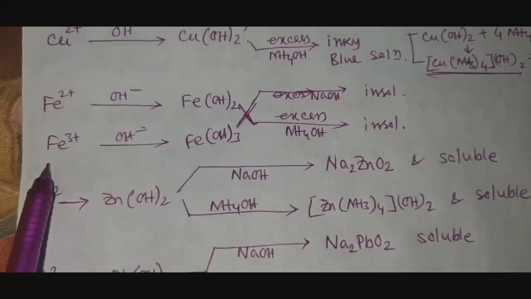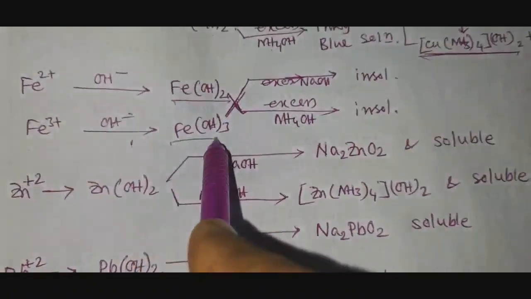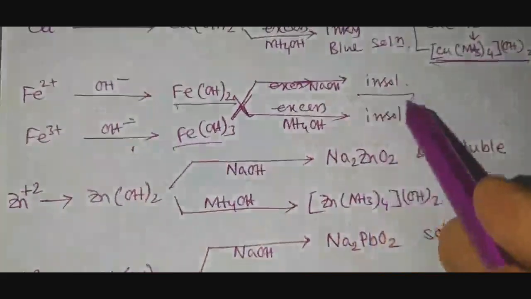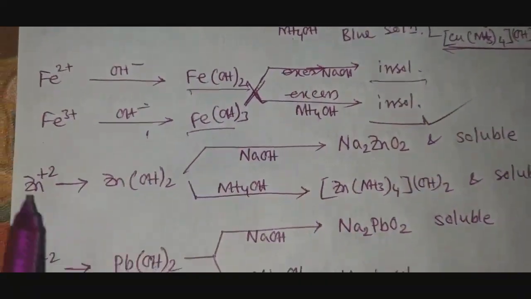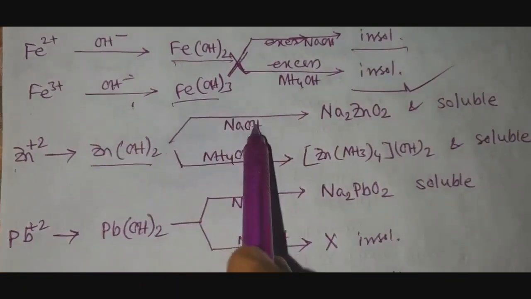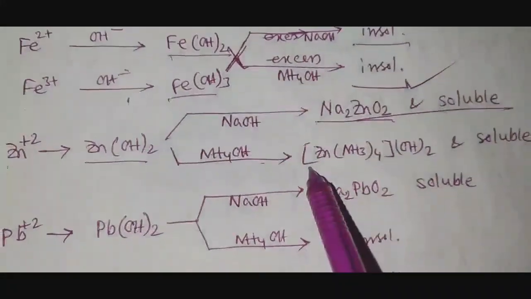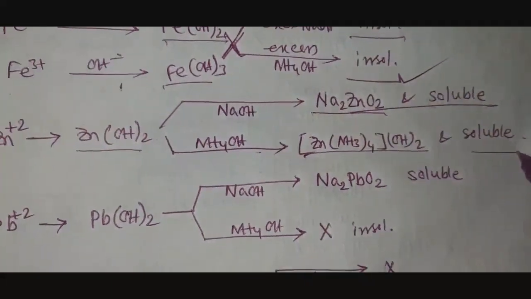With Fe2 plus and Fe3 plus, with both of them it is forming Fe(OH)2, Fe(OH)3, and with excess both are insoluble. If I look at zinc plus 2 forming zinc hydroxide, with NaOH, sodium zincate soluble, with NH4OH, tetraamine zinc hydroxide soluble.